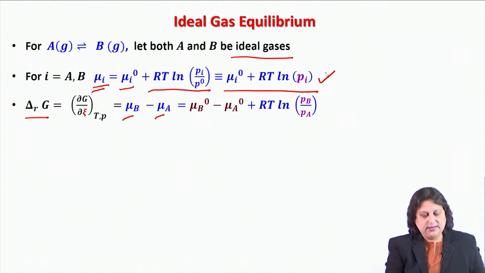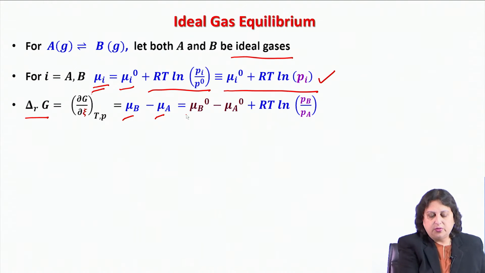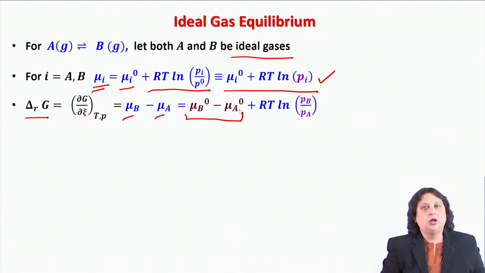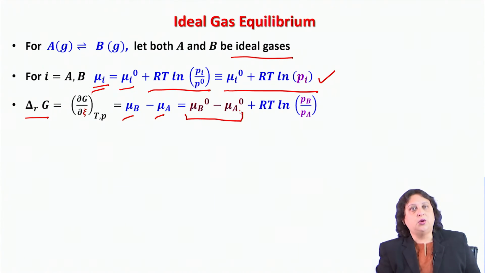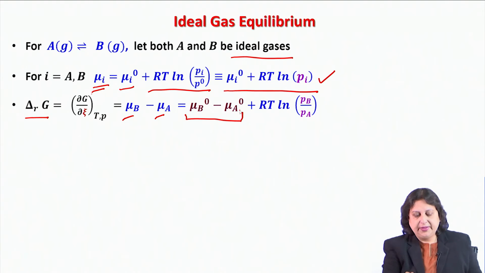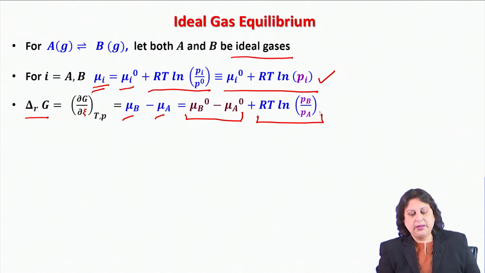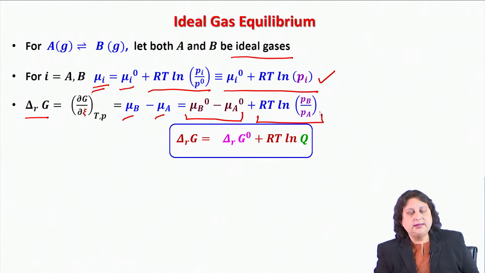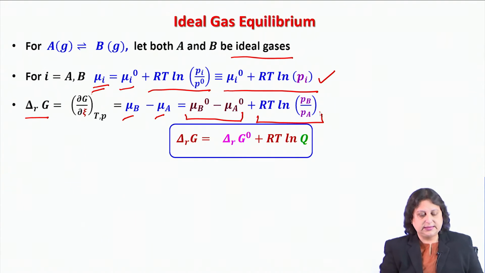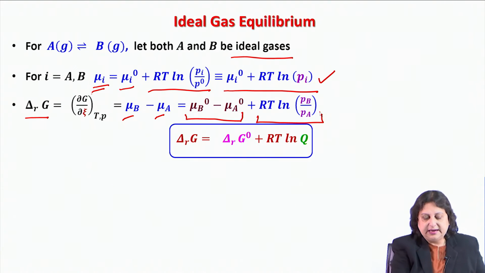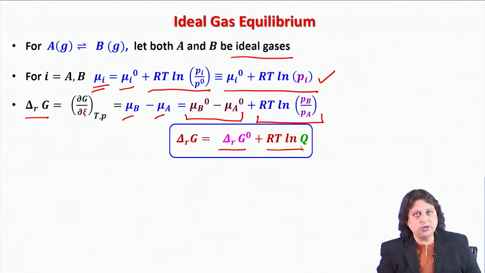I find that delta Rg now is comprised of two terms. One is mu B naught minus mu A naught, and the other term is RT ln Pb by Pa. And this tells me that I can write down delta Rg as delta Rg naught plus RT ln Q. So what is delta Rg naught?